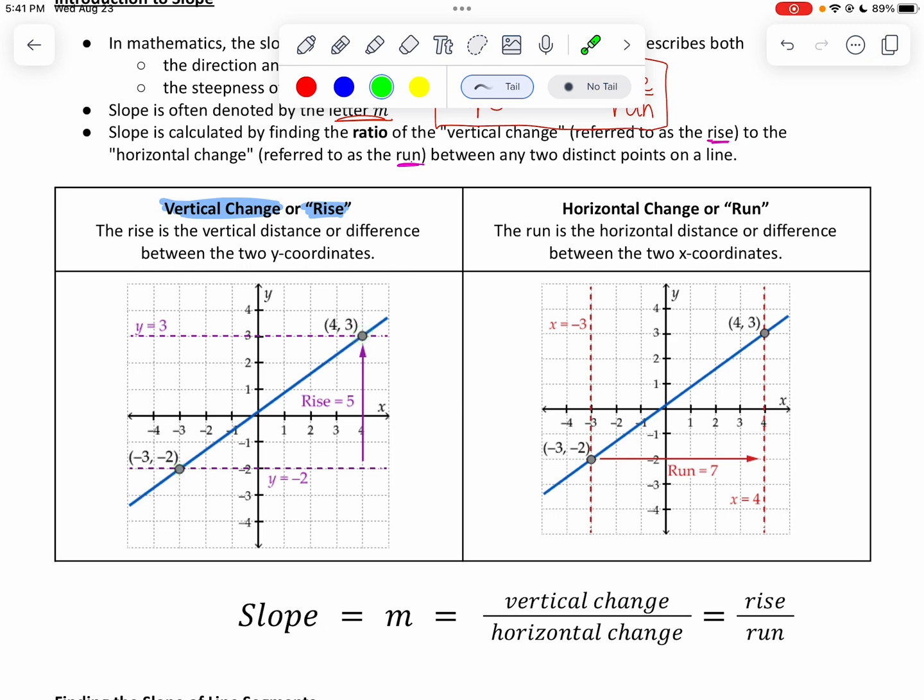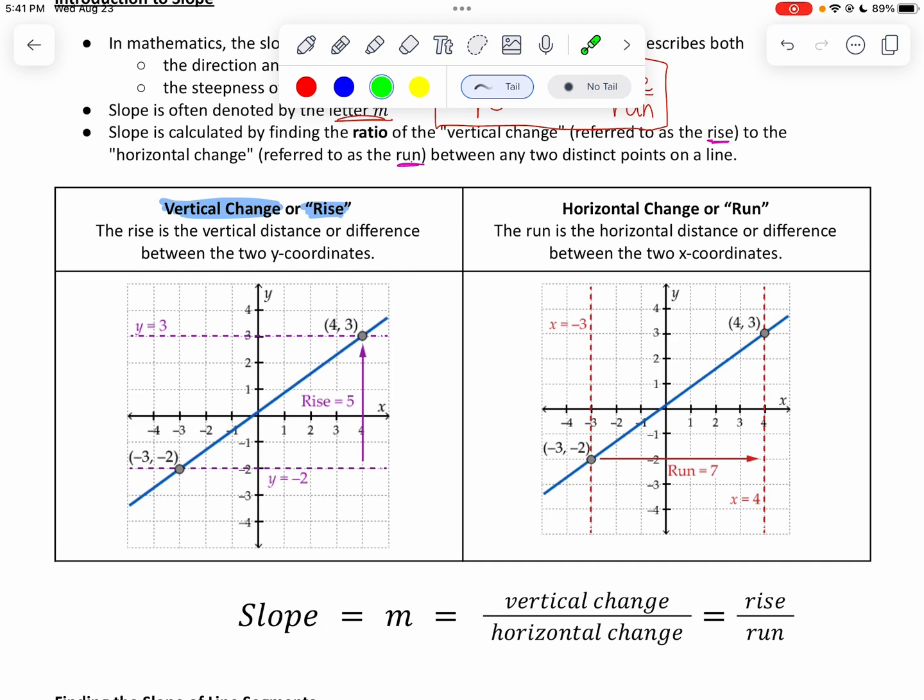We've picked 2 points where our blue line nicely crosses through exact grid lines so that we can read off whole numbers. If I were to choose this point right here, I'm kind of halfway between 1 and 2, but it looks like maybe a little more than half, and we don't want to be guessing when we're trying to find a super accurate slope.